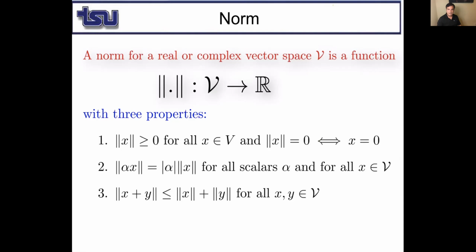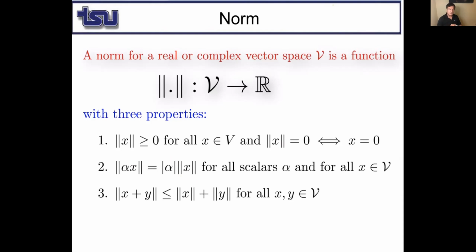That is the same as length. If the length of a vector is 0, that vector must be the 0 vector. And the length is always what? Bigger than or equal to 0. And if the norm is 0, that means the vector must be equal to what? 0. And if you multiply vector x by a scalar alpha and then take the norm, it is the same as multiplying the norm of x by the absolute value of alpha.